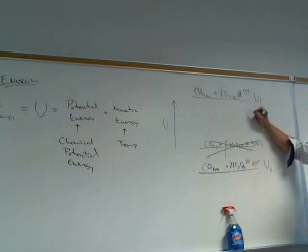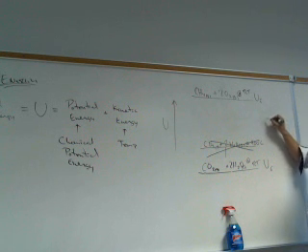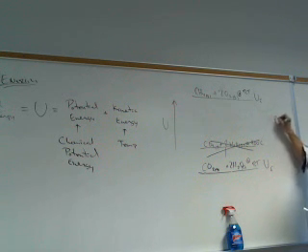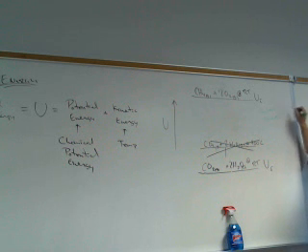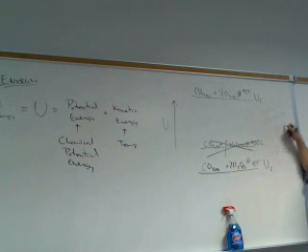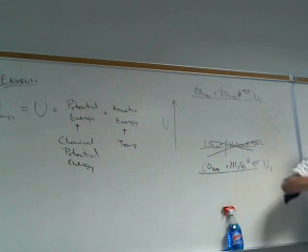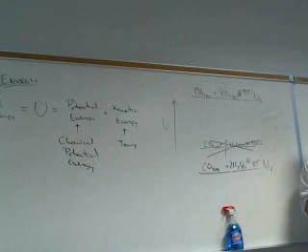But anyway, when the system is a reaction or object, T final must equal T initial. Otherwise, we still have kinetic energy that we can release to the surroundings, right? It's still hot.